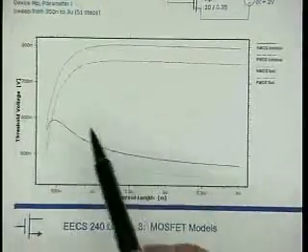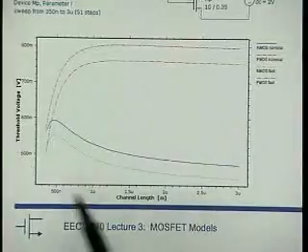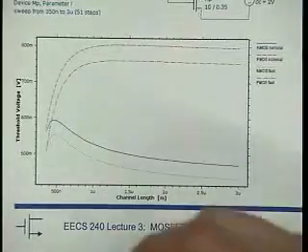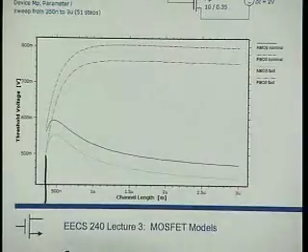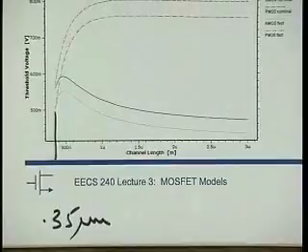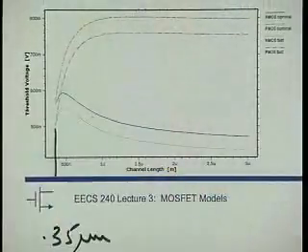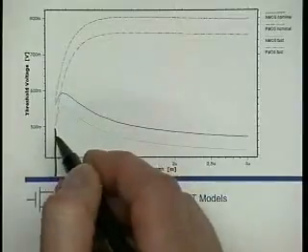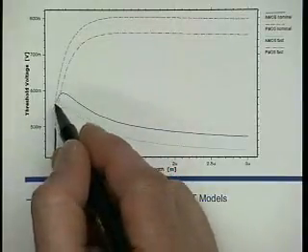So here is plotted now the threshold voltage as a function of channel length. So here is the 0.35 micron minimum channel length, and we can see, for example, for the NMOS transistor, well, this is the nominal one.